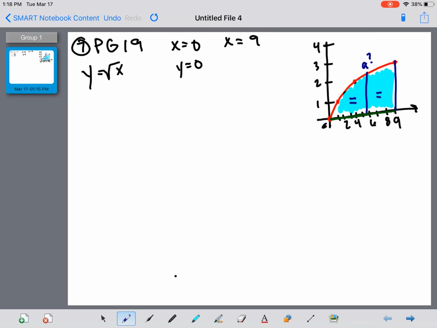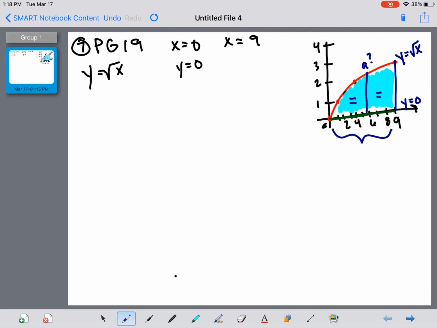All right, so what I want to do is I want to find the whole area first. If I can find the whole area, then I can set the integral equal to half of it and figure out that point, okay? So I'm going to find the whole area. And I know that in order to find the whole area, I do top function, which is y equals the square root of x, minus bottom function, which is y equals 0.